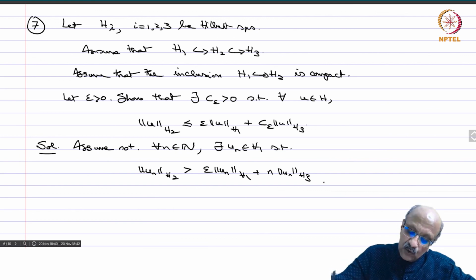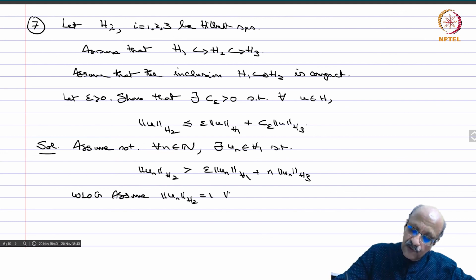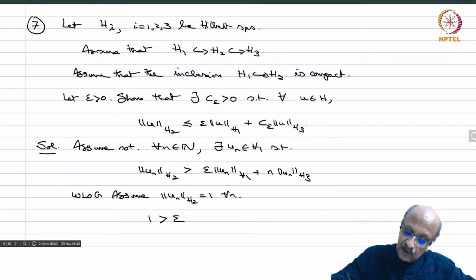Now, I can divide throughout by norm un in H2. So, without loss of generality, assume norm un in H2 equal to 1 for all n. Otherwise you just divide through and that will give you that. So, you have 1 is bigger than epsilon times norm un in H1 plus n times norm un in H3.